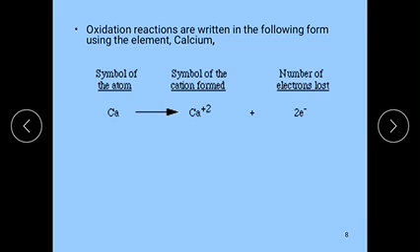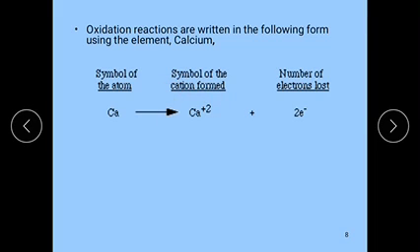The oxidation reactions are written in the following form using the element calcium. When calcium loses two electrons, it forms the calcium 2+ ion.